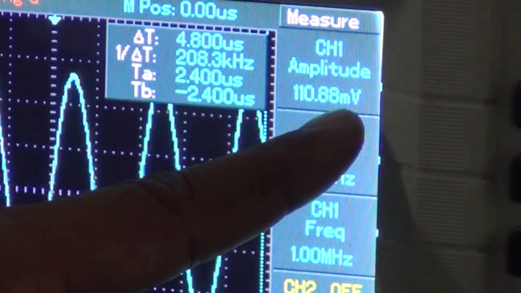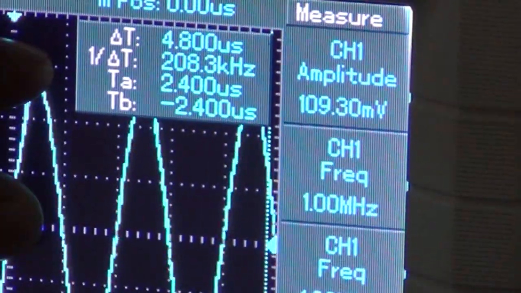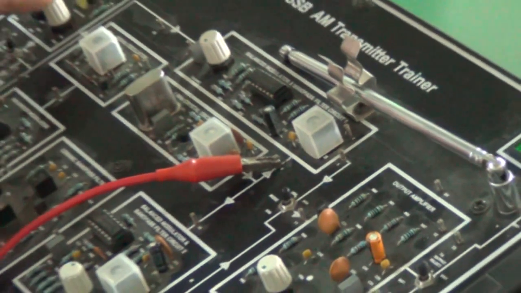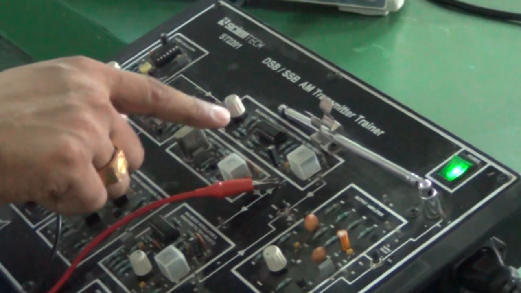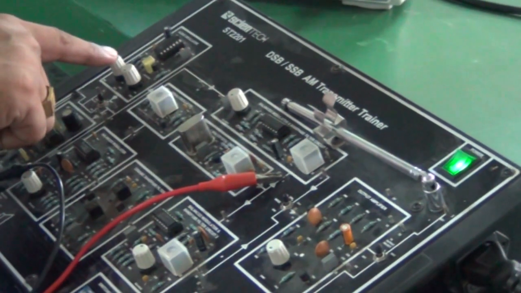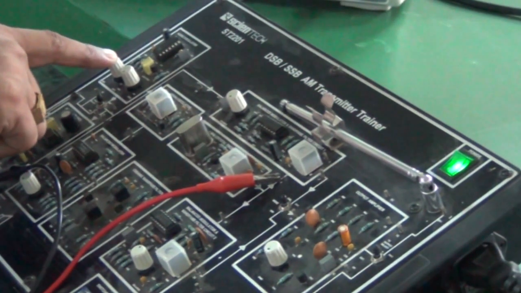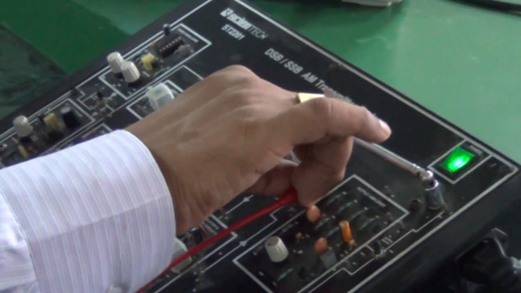This is the simple amplitude, not peak to peak. So we have a carrier signal, we have a modulating signal, and here is the balance modulator. This circuit will modulate the amplitude of the carrier signal in accordance with the instantaneous value of the audio frequency signal, and the modulated wave can be measured at this output point.